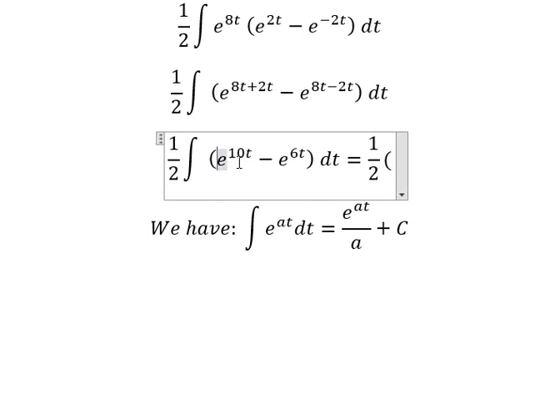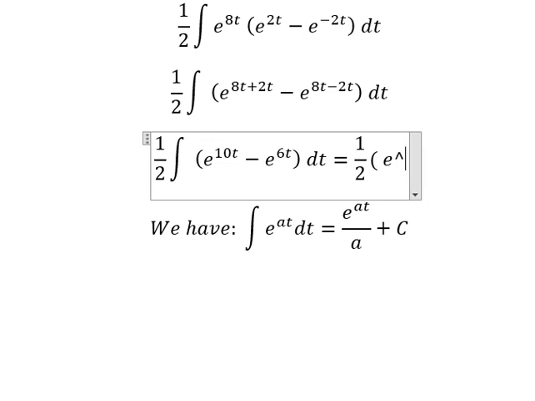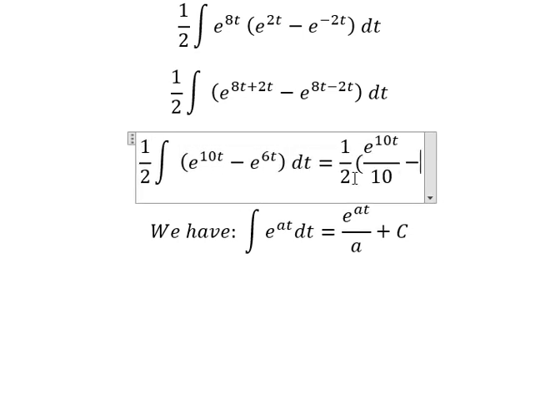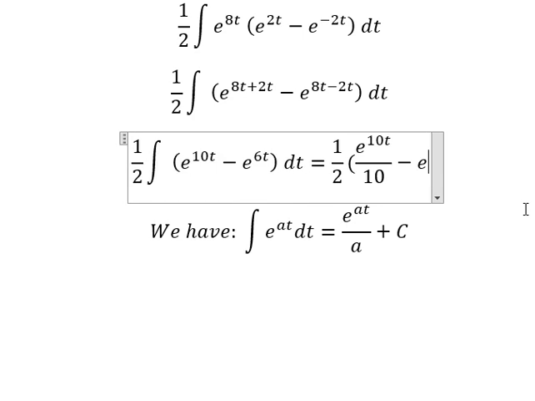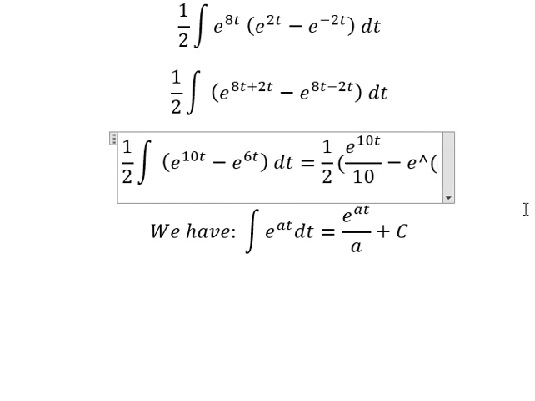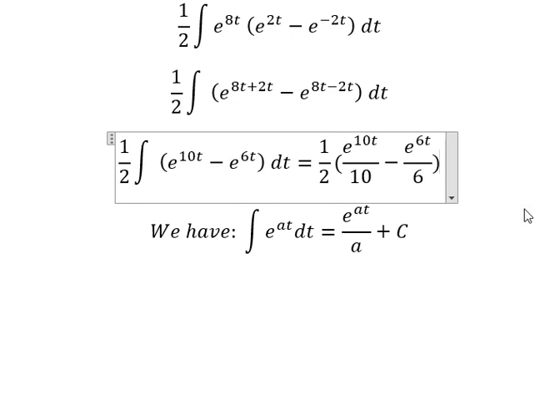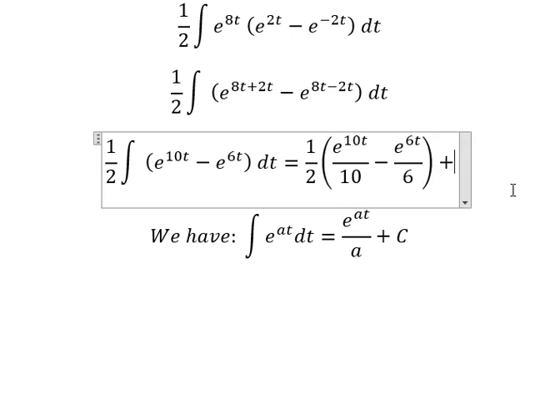So the integration of this one, we have e to the power of 10t over 10. This one we have e to the power of 6t over 6. And I will put plus c.